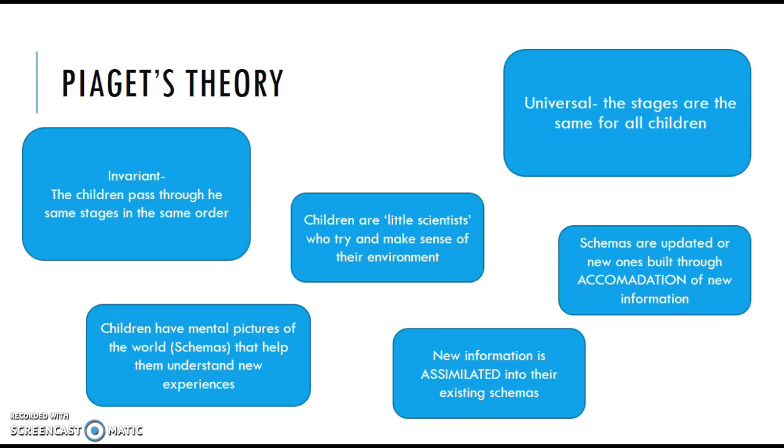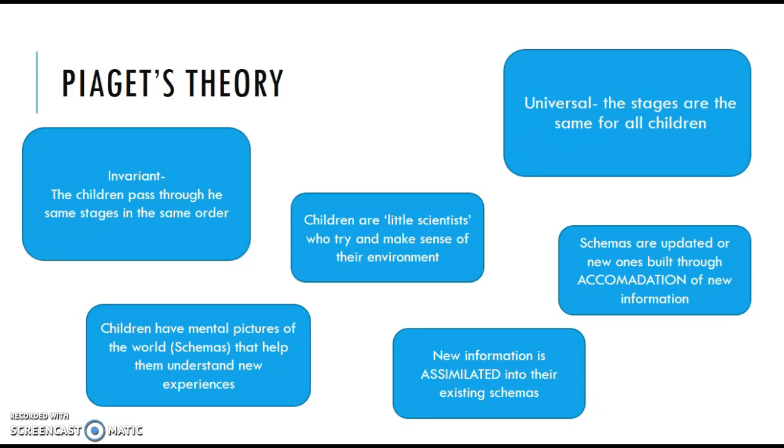Piaget felt that children have mental schemas, and he developed this word, schemas. Now, a schema is a shortcut or a stereotype that we would use to help us make sense of a new situation. As we develop and as we grow, those schemas become updated. They don't stay the same. So a schema we might have as a young child, for example for a birthday party, might be very different to the schema we have as an 18-year-old of what a birthday party would be.